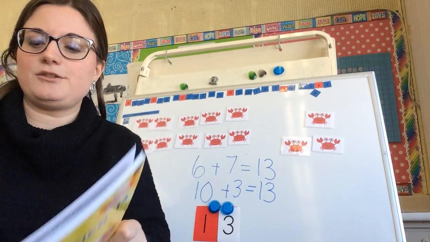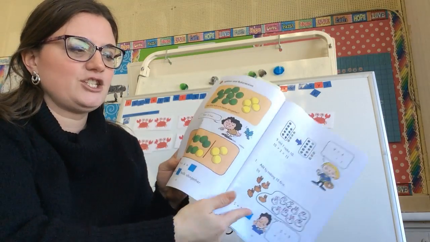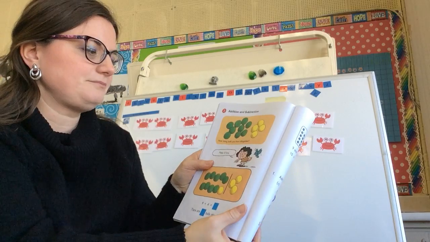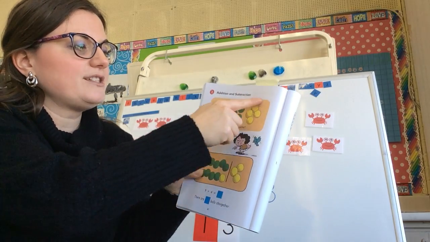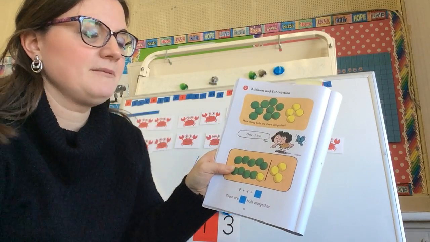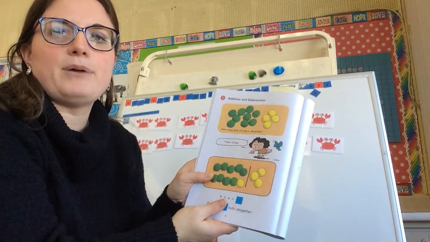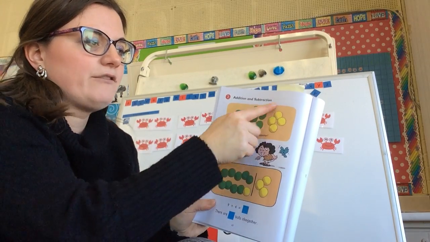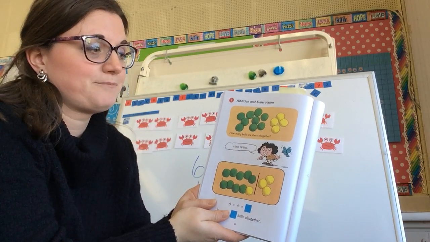Now what I'd like us to do is open up in our textbook to page 62. And we have a girl here that's got balls. She's got green balls and she's got yellow balls. Okay? So she has 9 green balls and she's going to add 4 more yellow. And we want to know how many balls does she have?